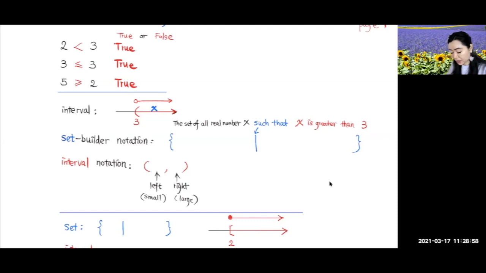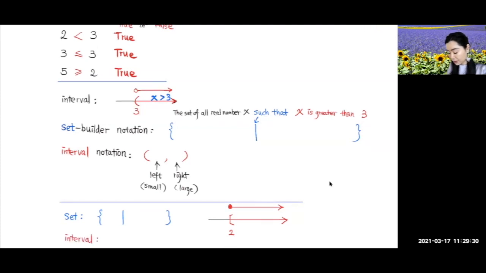So x is greater than 3. Notice that a parenthesis here means you don't include this endpoint. It's the same as having this open gap, and then you shade the right side of 3. So on the number line, you shade the right side of 3, but not including the 3. These two both represent that the 3 is not included.